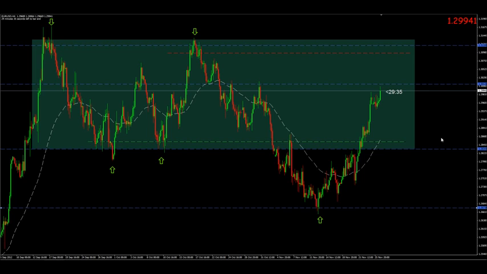It's just that it was last Friday's week high, and price for over 24 hours meandered a little bit below it, and it sort of looked like price was maybe willing to retrace a little bit for a lower entry. But as you can see now, we're getting up to 129.92, and we've broken above last Friday's high.